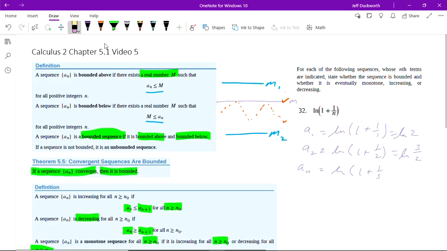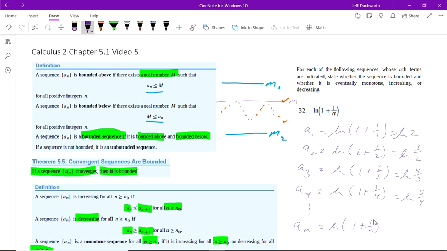Now a_3 comes out to ln of 4/3. a_4 would be ln of 5/4, and so forth, all the way down to a_n, which is ln of 1 plus 1 over n.